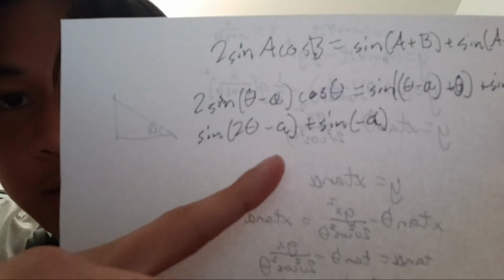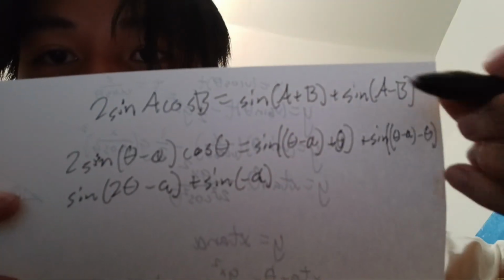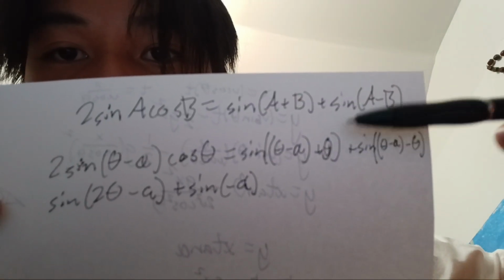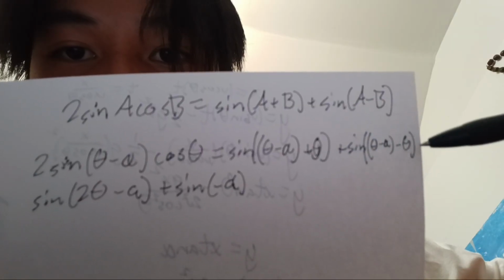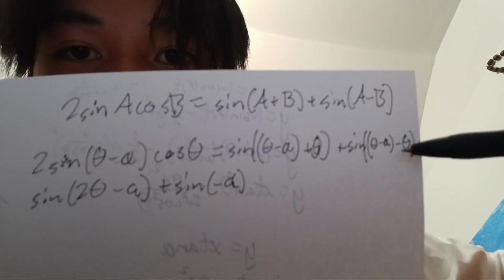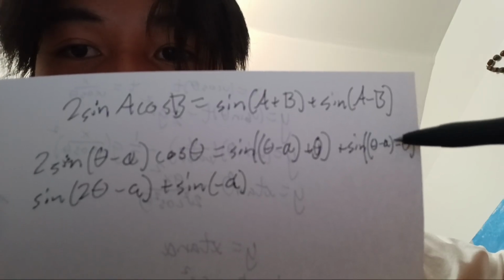you get sine of 2 theta minus alpha plus sine of negative alpha, because these two thetas add up, and then these two thetas cancel each other out because this is just theta minus theta, and then there's a negative alpha inside here, so we just bring that out into sine of 2 theta minus alpha minus sine alpha, like that.